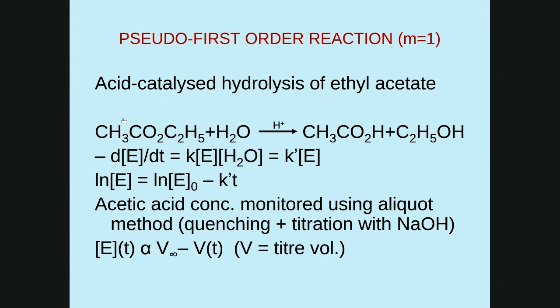So, okay, the question here. Right, so you have ethyl acetate and water plus some hydrochloric acid catalyst. As the reaction proceeds at room temperature, it forms acetic acid and ethanol, right? So that's the conversion that takes place. So you have acid.